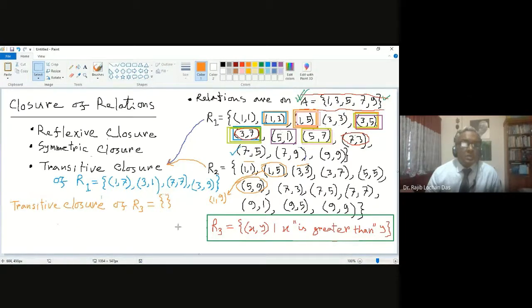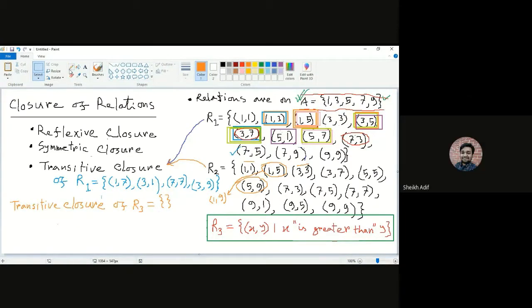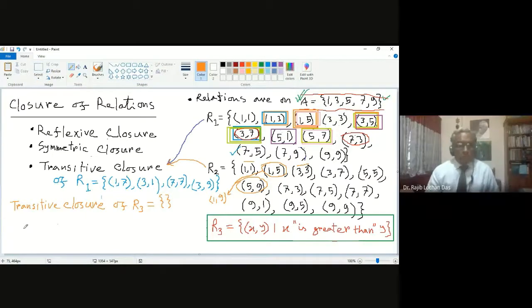Sir, since x is greater than y and y is greater than z, it will obviously be greater than. Exactly, you are right. You are exactly correct. You will write in this way.